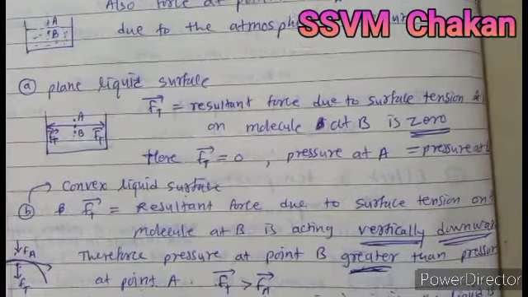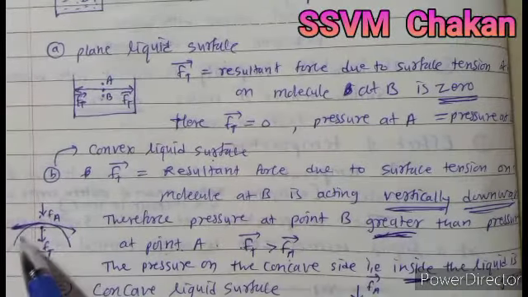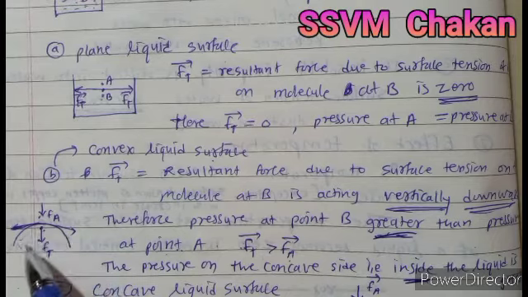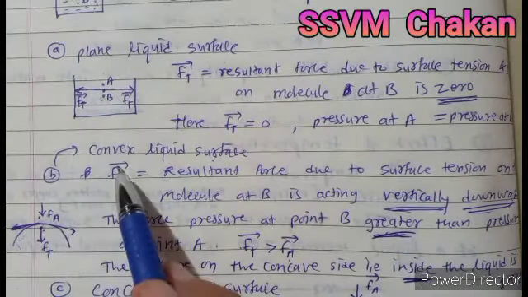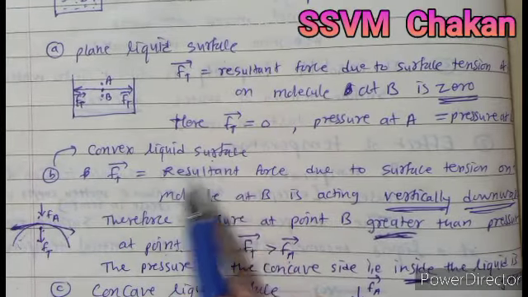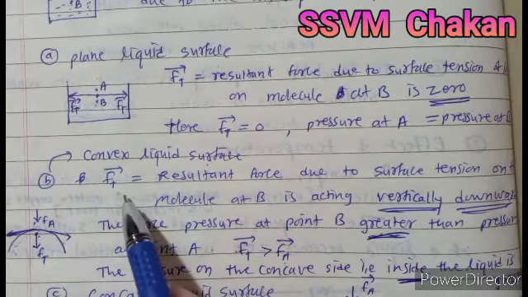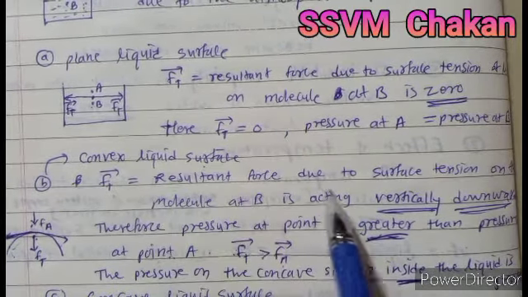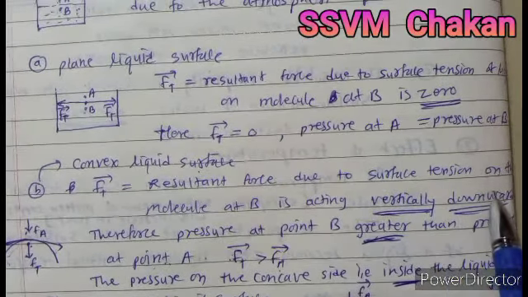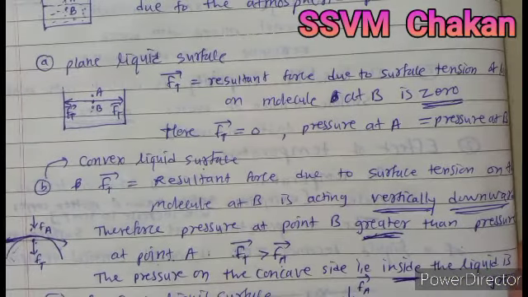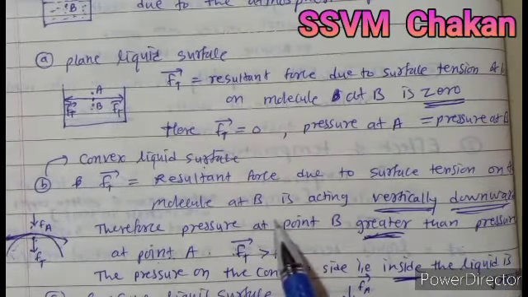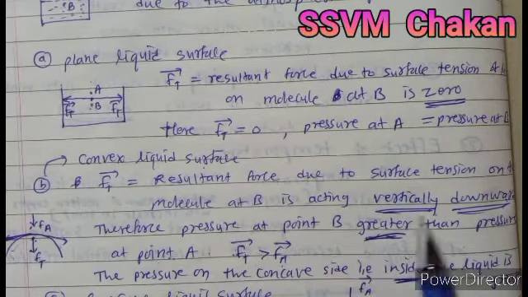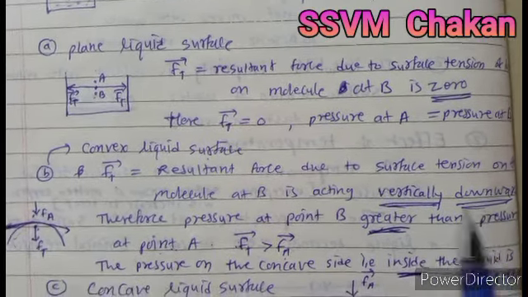Second case, if a liquid surface is convex in shape in this way. So convex liquid surface. Ft bar, again the resultant force due to the surface tension on molecule at B, is acting vertically downward.